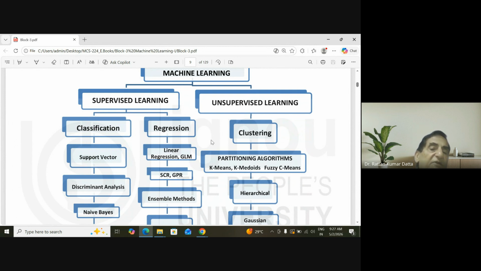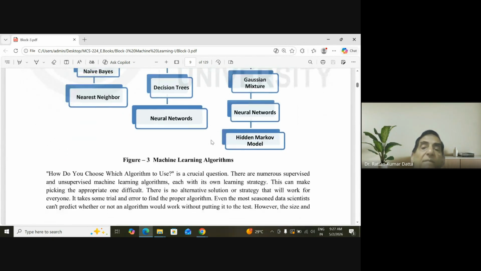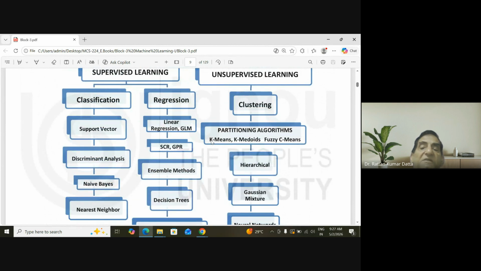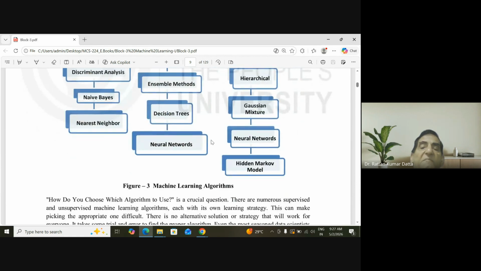Supervised learning is classification or regression: support vector machine, linear regression, GPR, ensemble methods, decision tree, neural network, discriminant analysis, naive Bayes, nearest neighbor. Unsupervised includes clustering: partitioning algorithms, K-means, K-medoids, fuzzy C-means, hierarchical, Gaussian mixture, neural network, hidden Markov model.